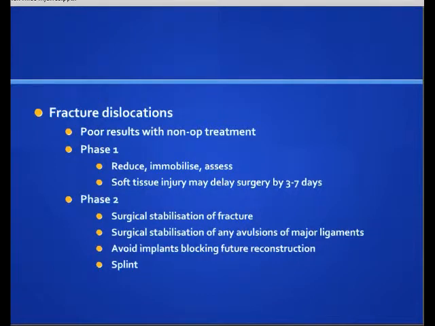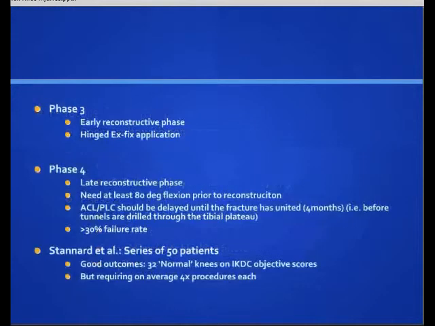Third stage is the early reconstruction, mainly the collaterals, and lastly, Standard et al. looked at a series of 50 patients following these 4 phases, outcomes from using this staged process.